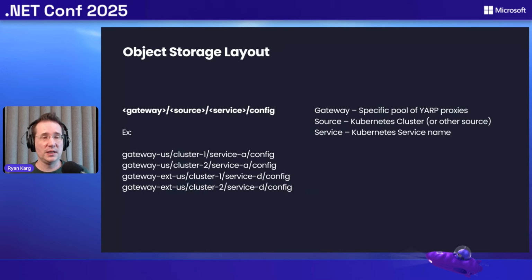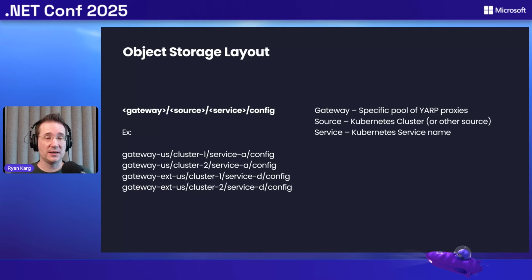And so in order to handle writing the config without overwriting, we use this layout in object storage. A gateway is a naming we use for a pool of Yarp proxies. In this instance, Gateway US are our internal facing services in the US region. Gateway External US are our external facing services, and they each have their own pool of Yarp proxies that expose them.